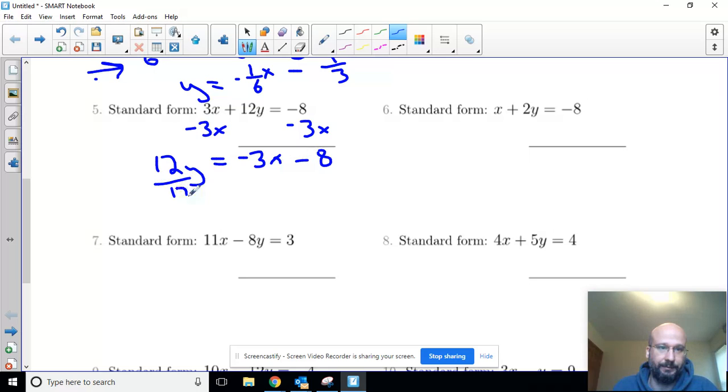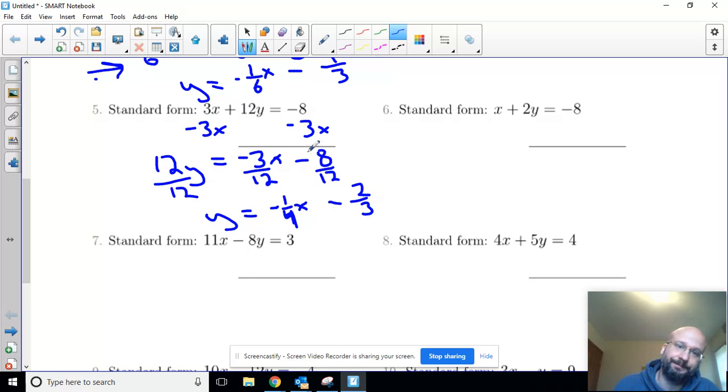And then I'm going to divide by 12. And then I have y equals negative 1/4 x minus 2 over 3. Because this, again, if you put negative 8 over 12 in your calculator, it'll simplify down.